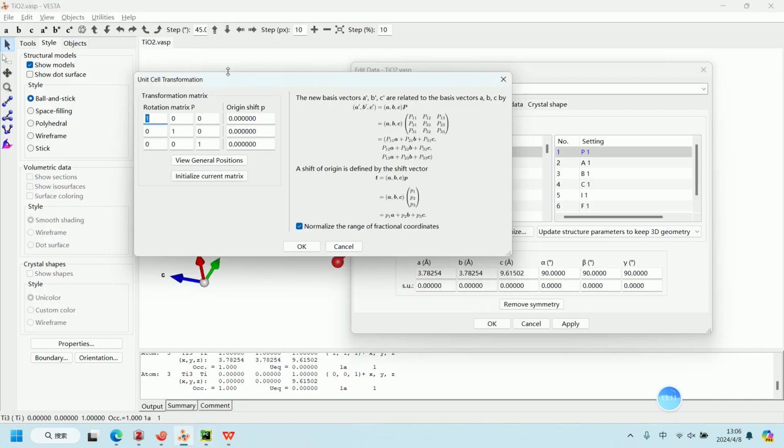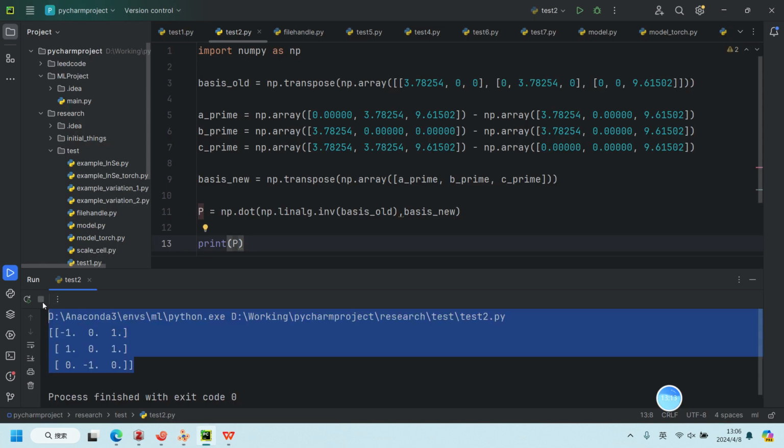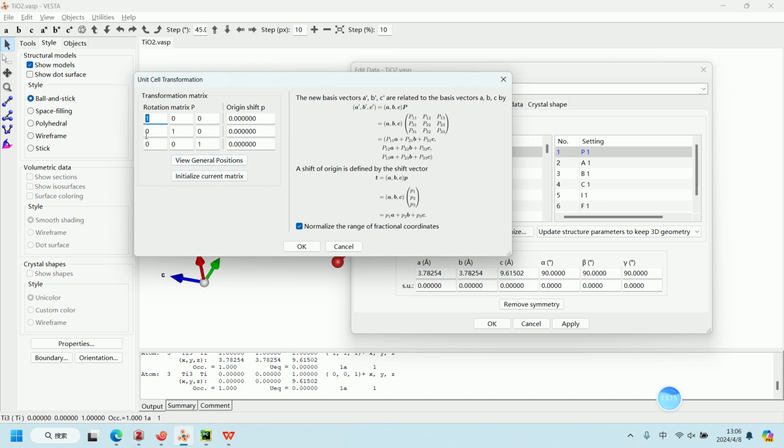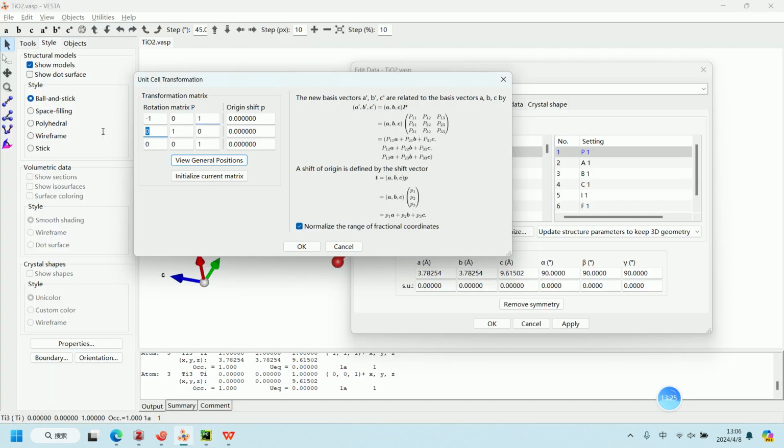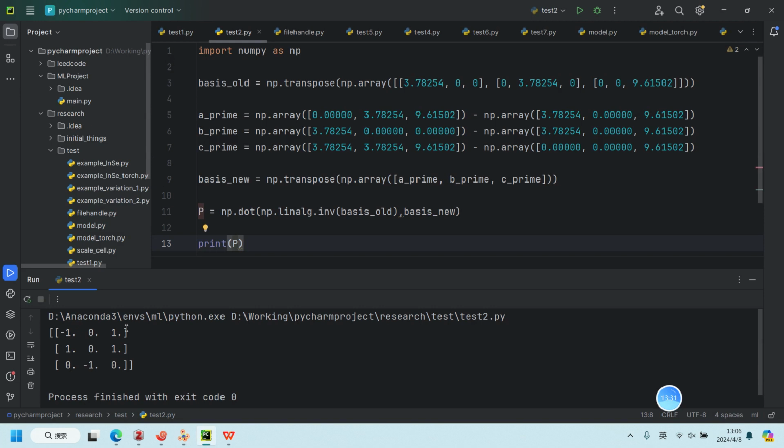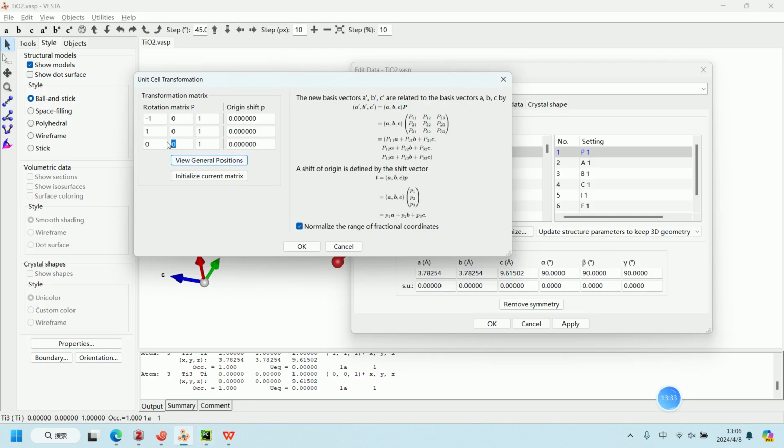We're going to apply this rotation matrix to this panel: -1, 0, 1, 0, 1, 1, 0, -1, 0.